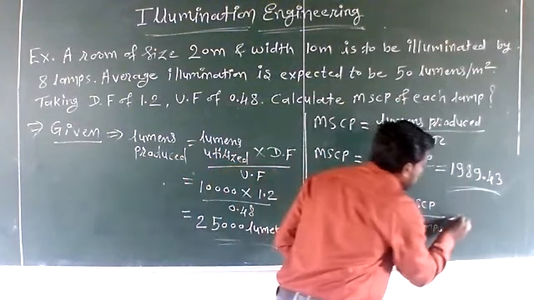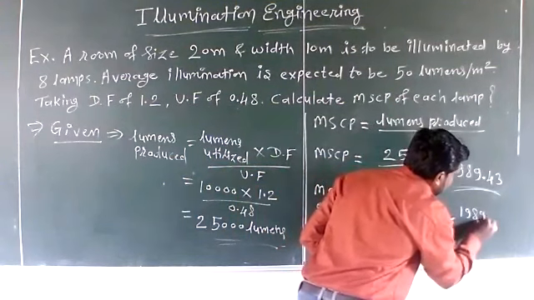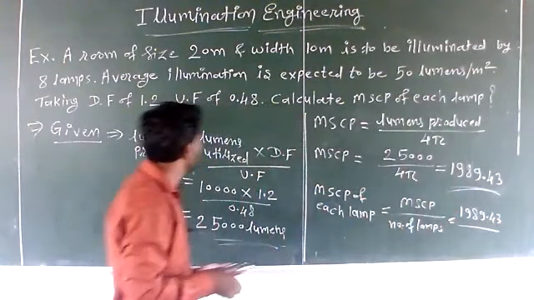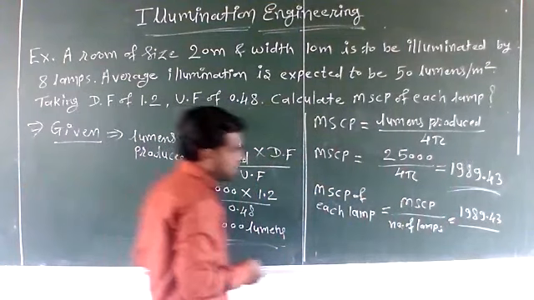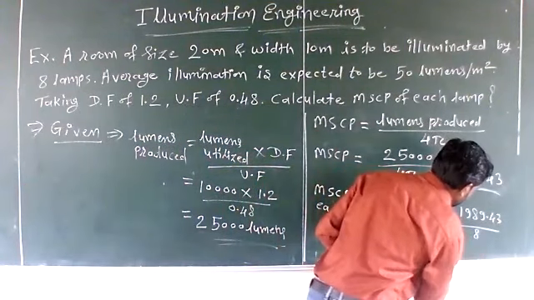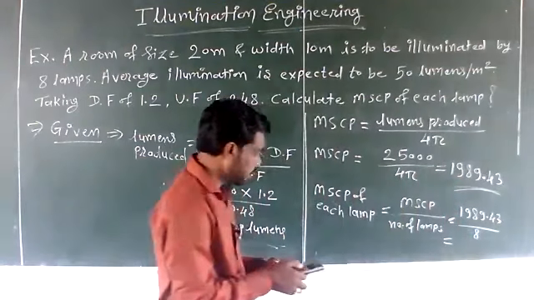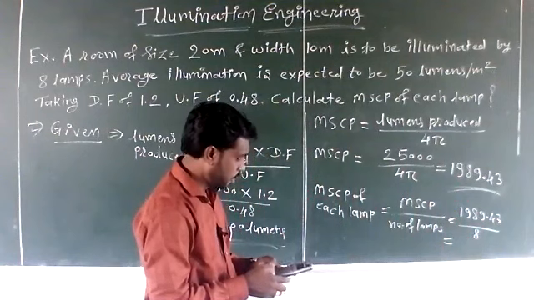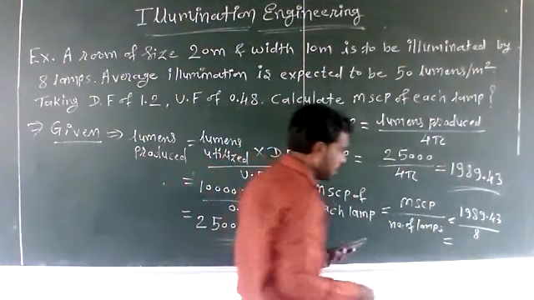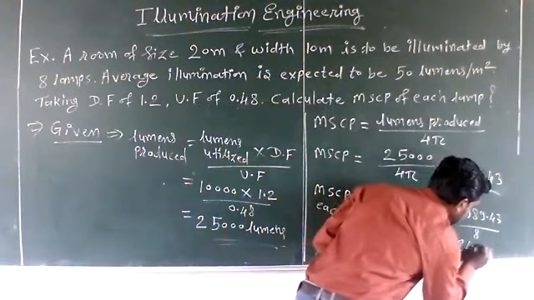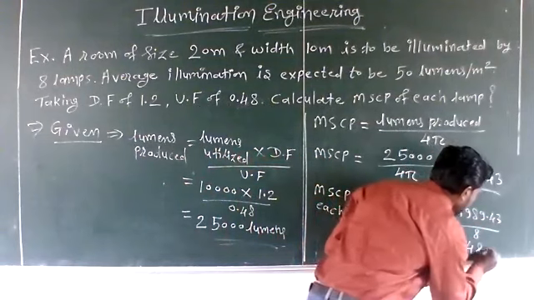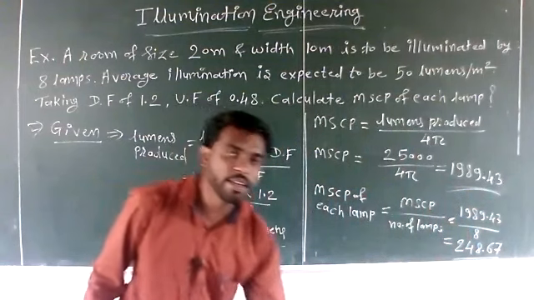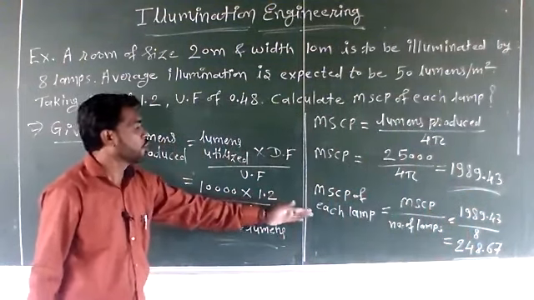So MSCP value for all lamps is 1989.43, divided by the number of lamps. Number of lamps is given 8. There are total 8 lamps. So when we solve this, 1989.43 divided by 8, we get 248.67. So this is your final answer.